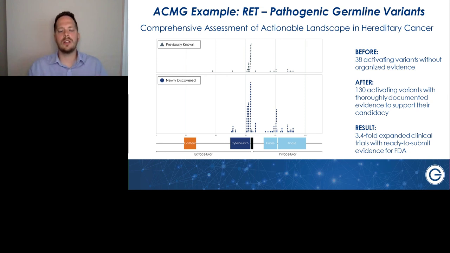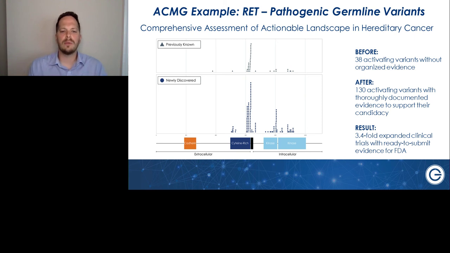What that results in, as I'm showcasing here, is a dramatic increase. In this case, it's 3.5-fold, though in many circumstances we go 10 or 20-fold, a broader awareness of disease-causing variants, any one of which could be linked to a patient, any one of which can mean the difference between treatment or absence of a treatment.